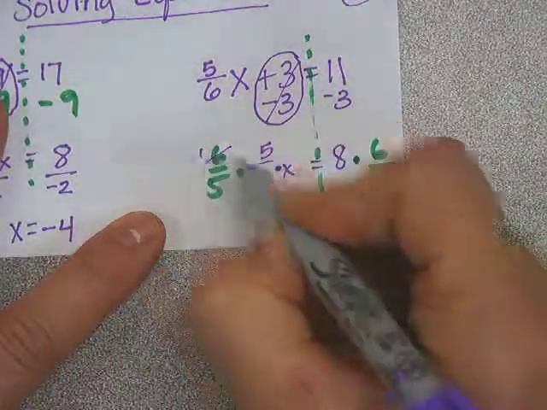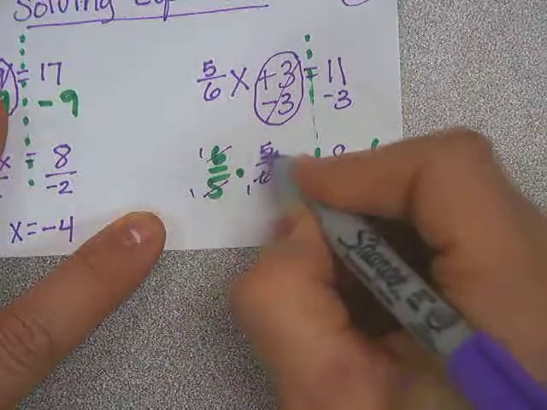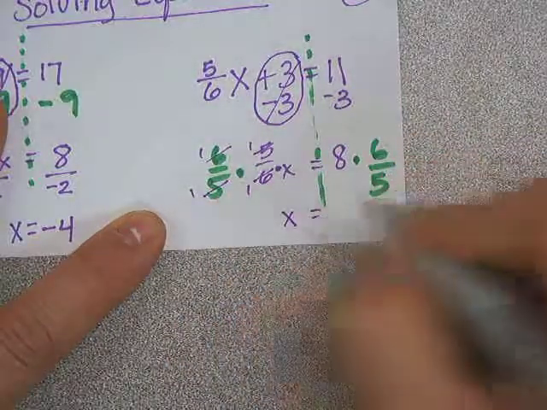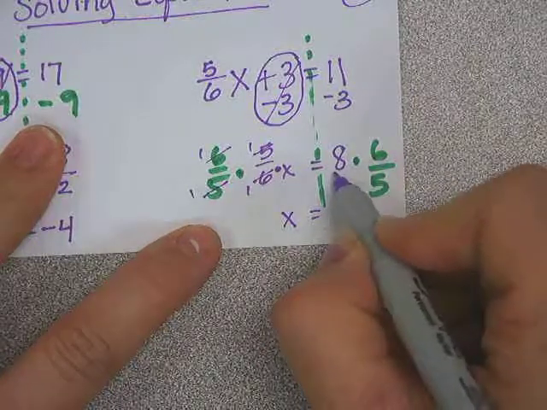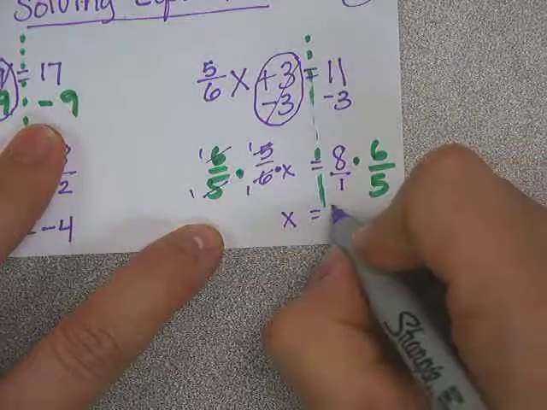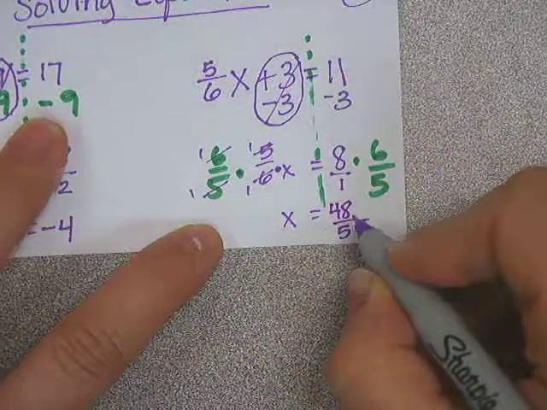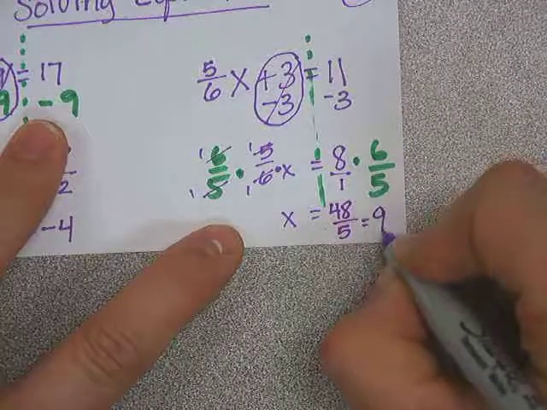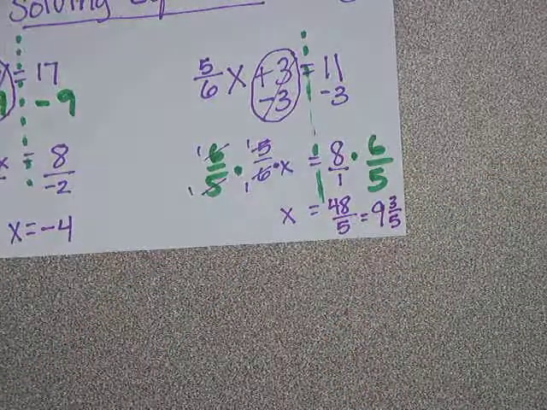And if you can see, when you cross cancel, notice the 6's are going to reduce to 1's, the 5's reduce to 1's, and we get x equals. Now 8 times 6/5, we want to think of that as 8 over 1. So we get 48/5. 5 goes into 48 9 times would be 45, so there's 3 left over.